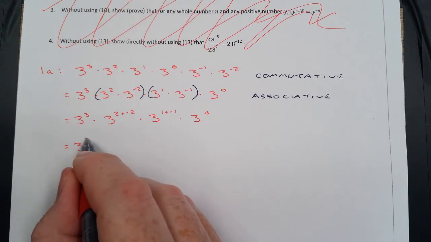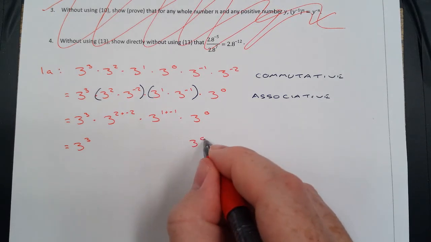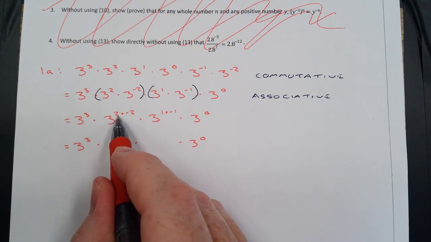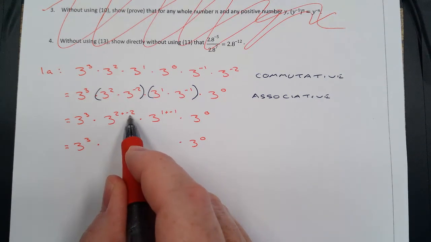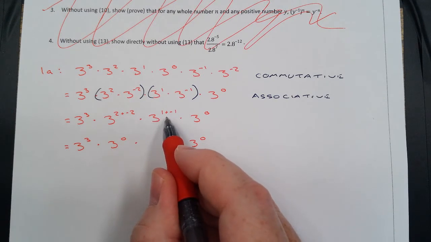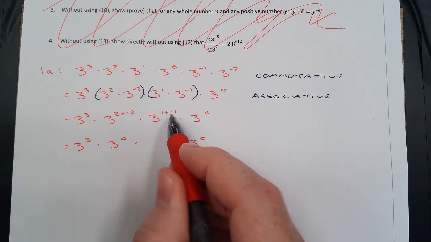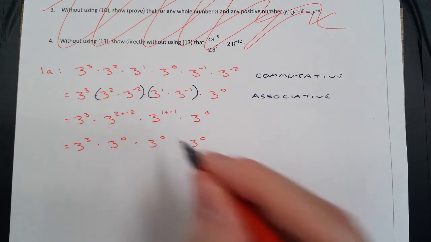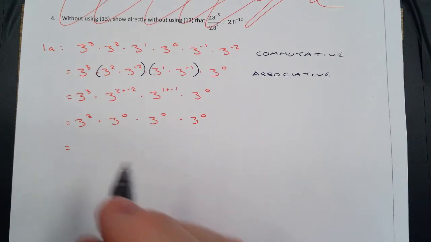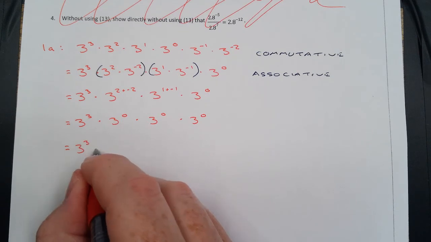So remember, I'm saving these for last. What is 3 to the 2 plus negative 2? Well, 2 plus negative 2 is 0. And 3 to the 1 plus negative 1. 1 plus negative 1 is also 0. Well, what is 3 to the 0?